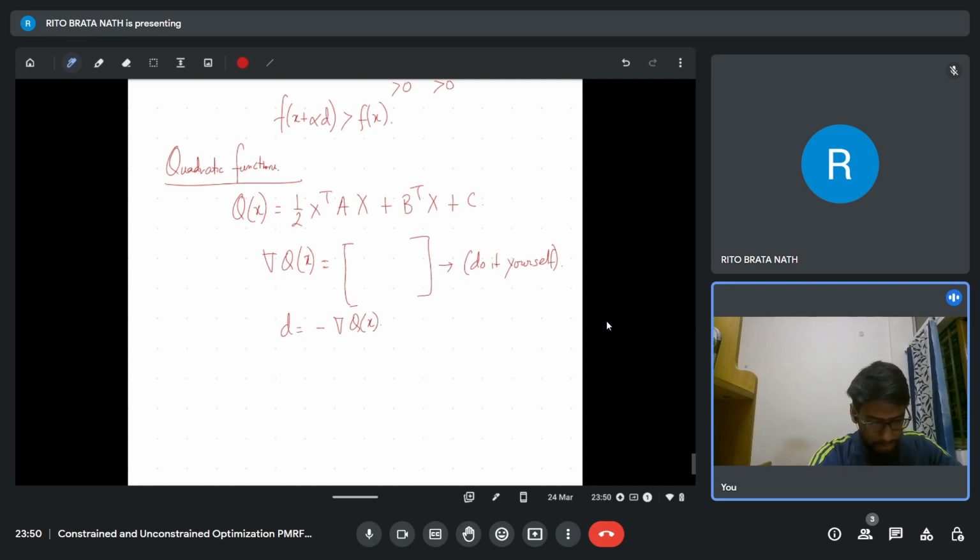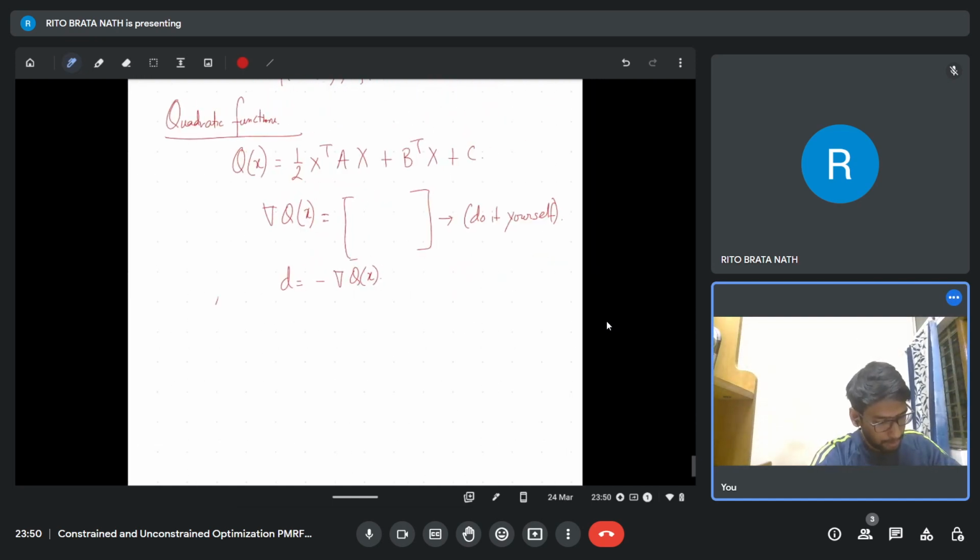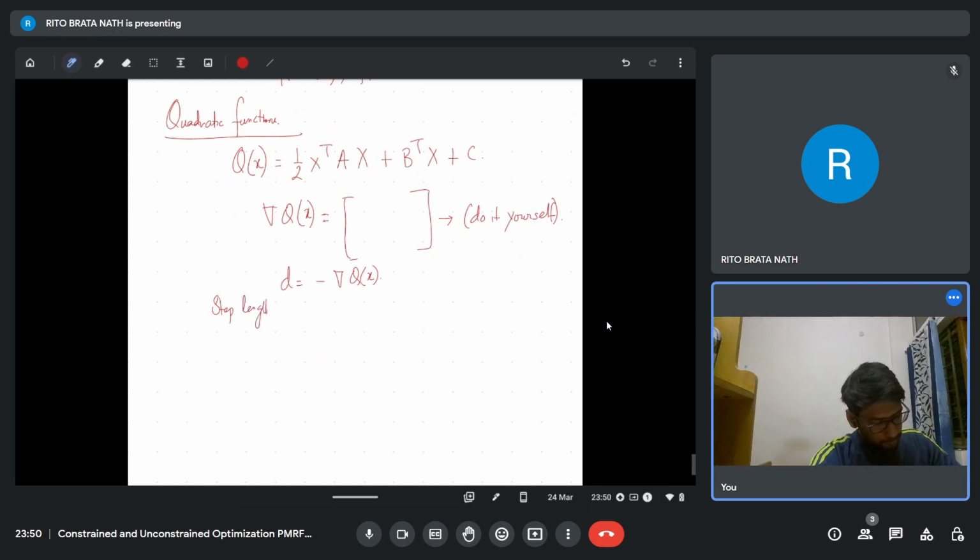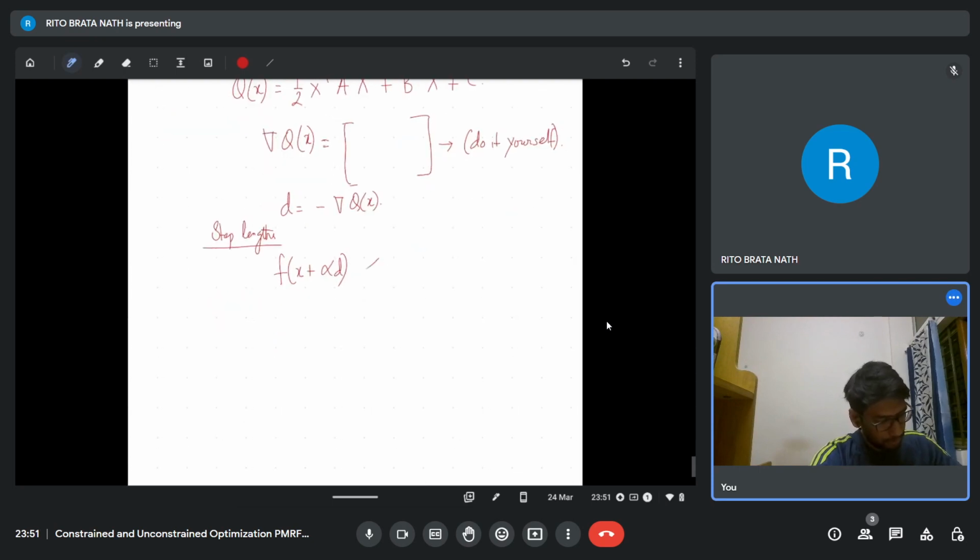Then the interesting thing is the step lengths. As I mentioned, say f(x plus alpha d) is probably less than f(x), but what should be a good choice of alpha?